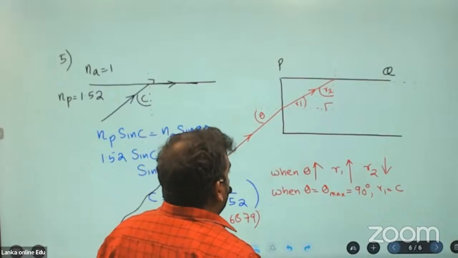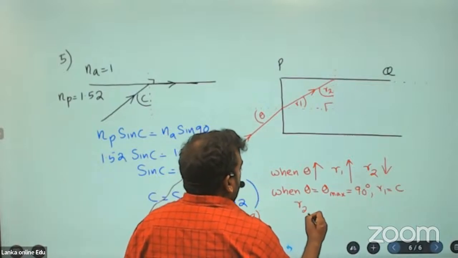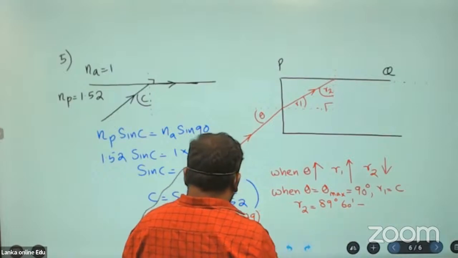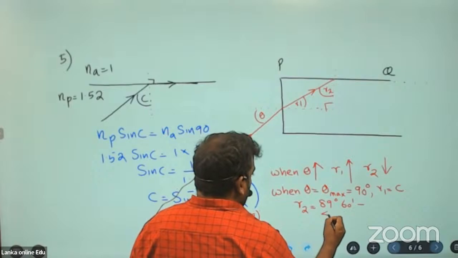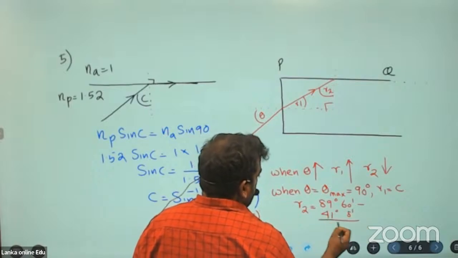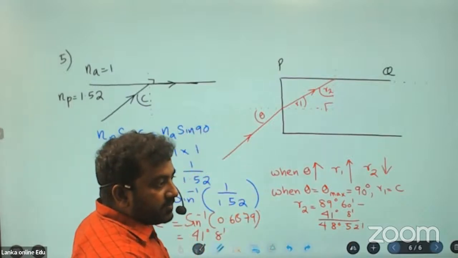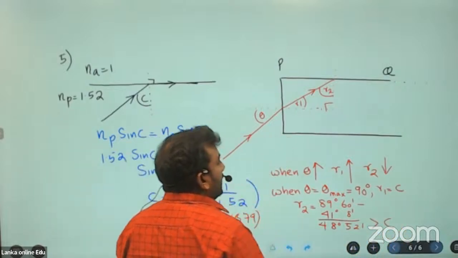Here you can calculate what R2 is: 90 degrees minus the critical angle. The critical angle is 41 degrees 8 minutes, so R2 is 48 degrees 52 minutes. Now 48 degrees 52 minutes is greater than the critical angle.